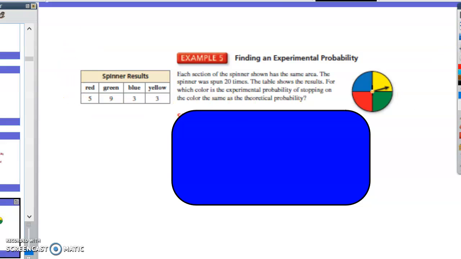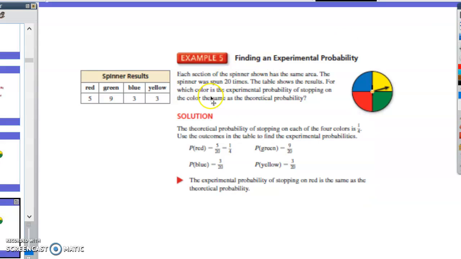So it's asking me which color's experimental probability of stopping on the color is the same as theoretical. Well, I just kind of said that, right? But here we've run it 20 times. So when I look at the probability of red, 5 out of 20 times is 1/4. And right here red is 1/4 of that circle.